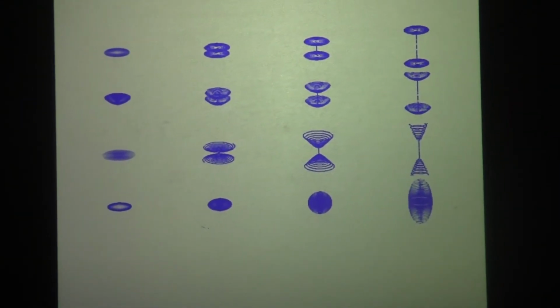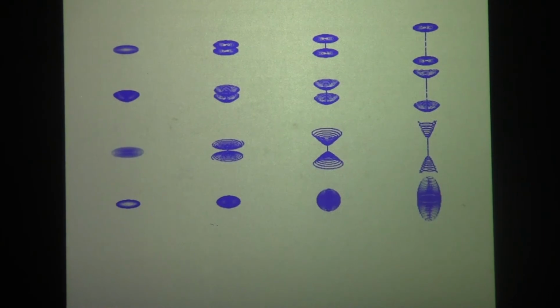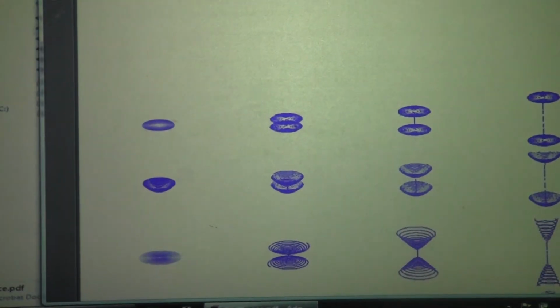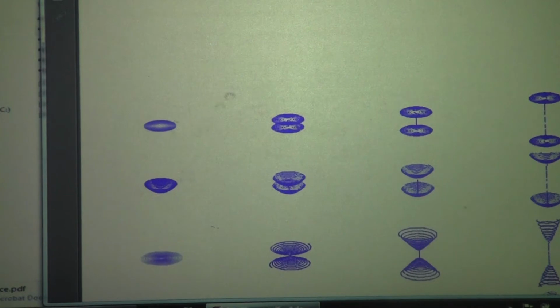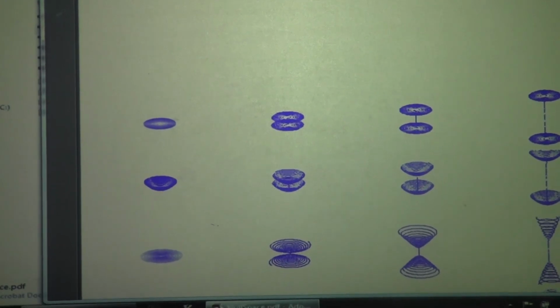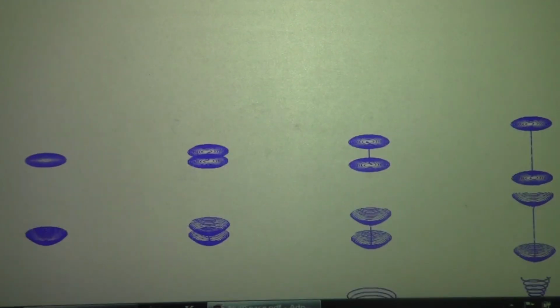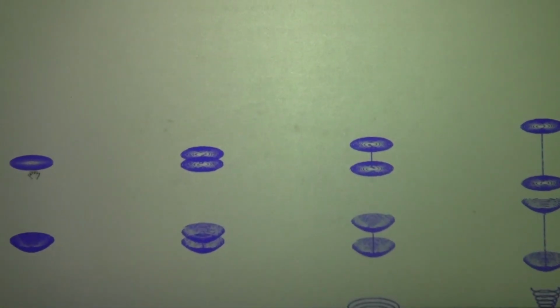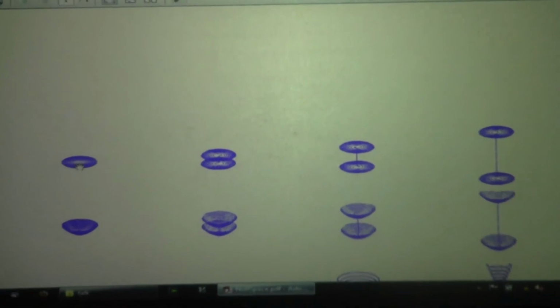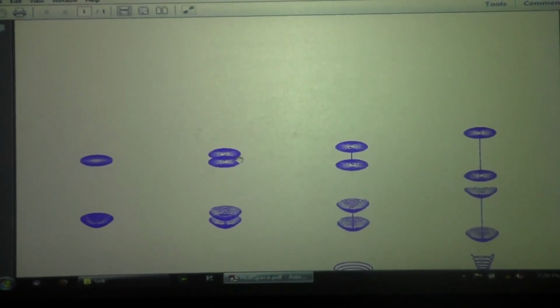The top row consists of solitons that... right, this thing is the yin-yang curve. This one is the wagon wheels.